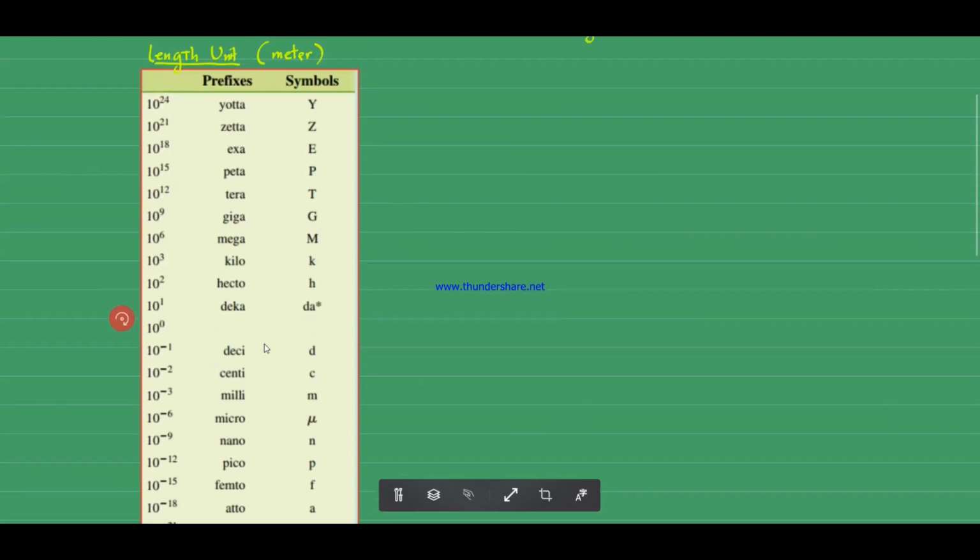If you look at the table, you see that we have prefixes right here, and we will need to understand how they relate to each other. Let me show you how they are related to each other.